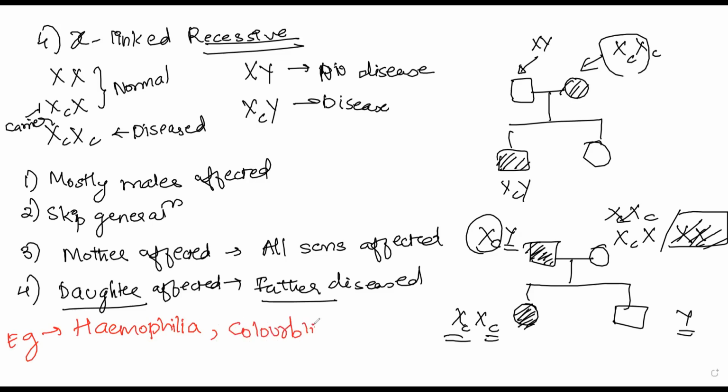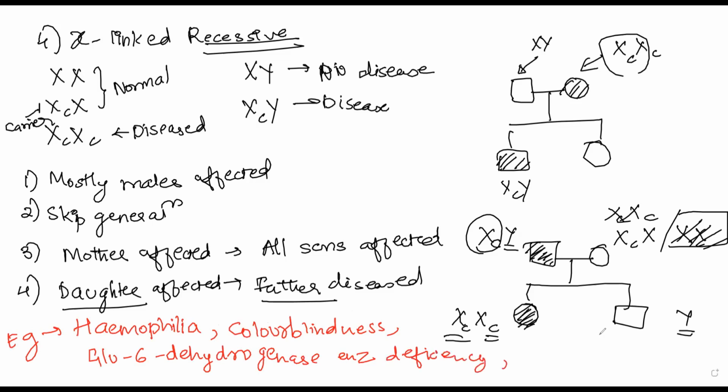Then color blindness, glucose 6 phosphate dehydrogenase enzyme deficiency, and finally there is another disease called Lesch-Nyhan syndrome, which is a deficiency of the enzyme hypoxanthine guanine phosphoribosyl transferase. I'll repeat, hypoxanthine guanine phosphoribosyl transferase. Okay, so this is the type.